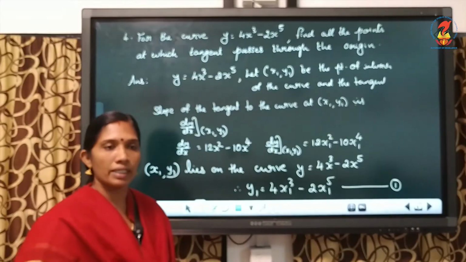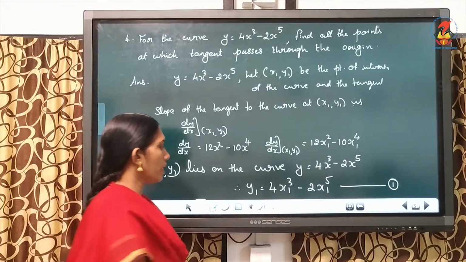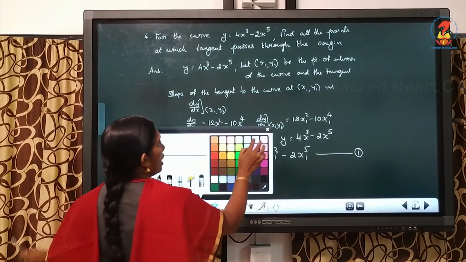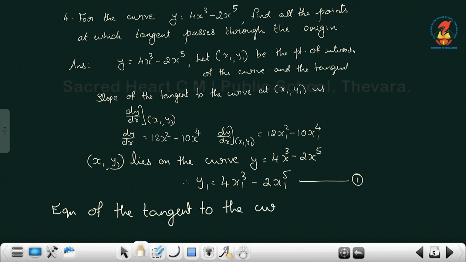From this we won't get the value of x1. So, we need to write one more equation. That equation is the equation of the tangent. Now, what is the equation of the tangent? Equation of the tangent to the curve at x1 comma y1 is, equation of tangent means y minus y0 equal to m into x minus x0, that format.